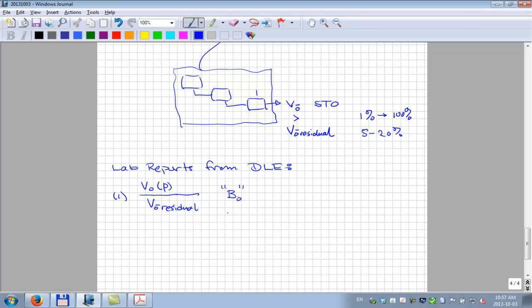Okay? But it's a kind of BO you never want to use. It's a differential BO, and it should be written BOD, differential BO, and this is never to be used in engineering calculations.